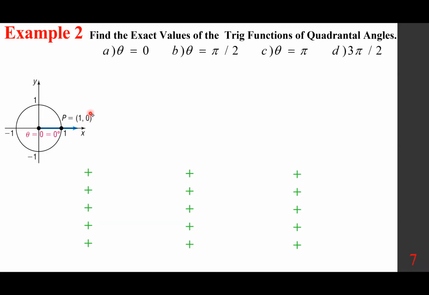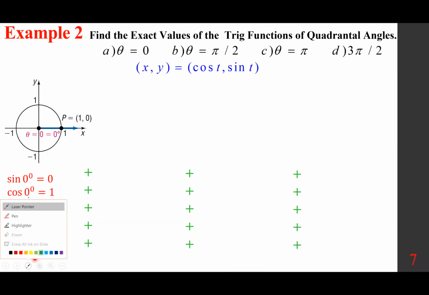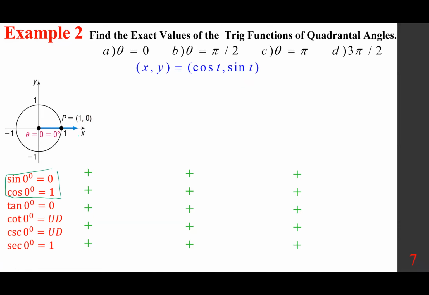As long as we know those two, we can figure out the rest. So just look at these two, everybody. This comes from the coordinates 1, 0, right? And the fact that x is represented by cosine, y is represented by sine. What is tangent? Sine over cosine, 0 over 1, which is 0.